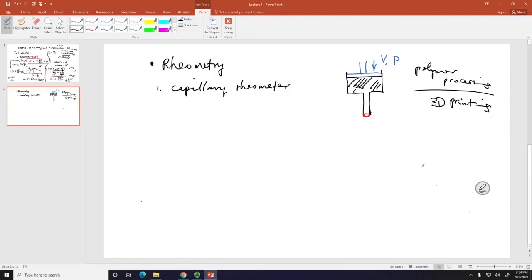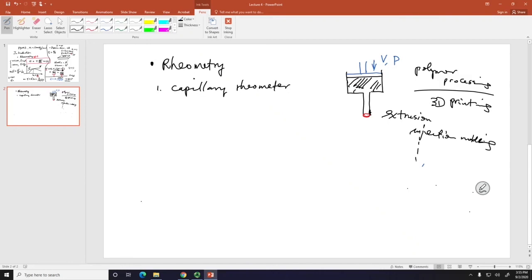Since a great deal of polymer processing involves this type of extrusion, like injection molding, blow molding, film blowing, many things involve this type of geometry.